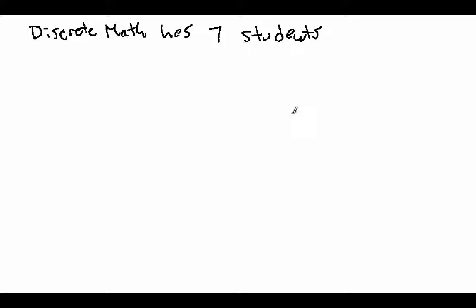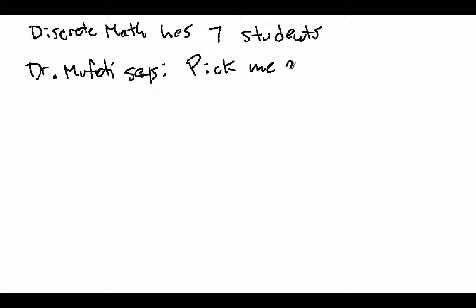This committee has to go to the dean and report on whether Prof. Bill's videos are any good. And so Dr. Muffetti says, pick me a committee of 3. So the question is, how many ways can you do this?